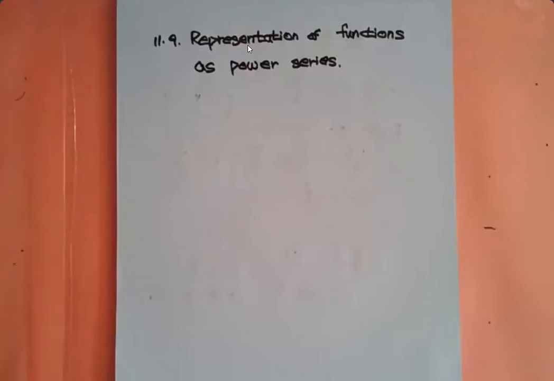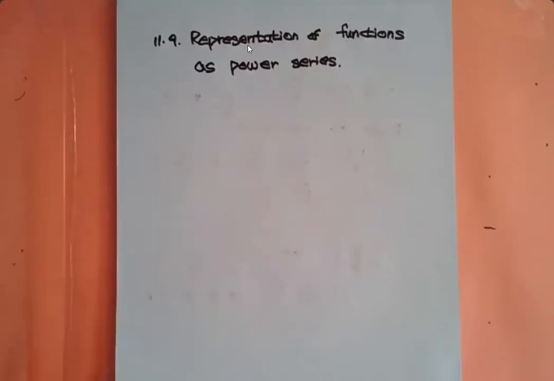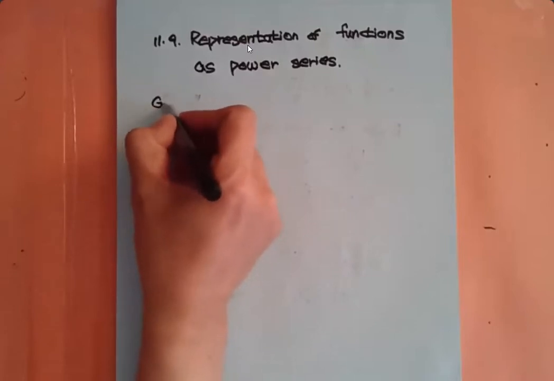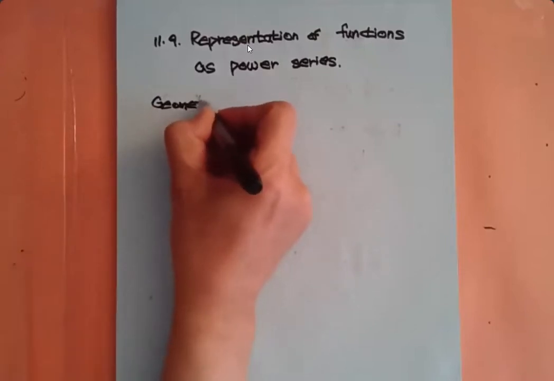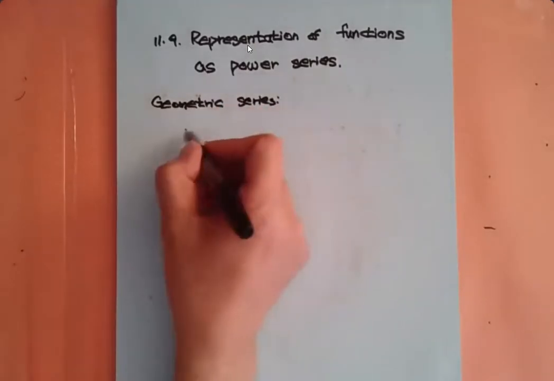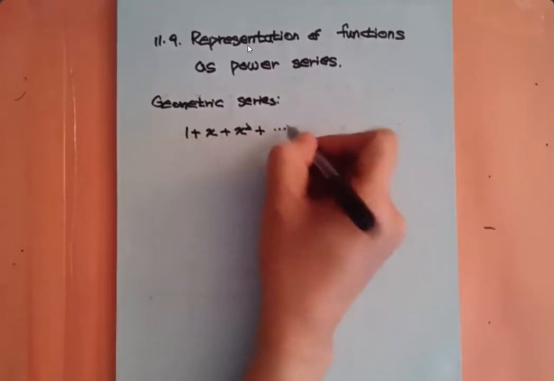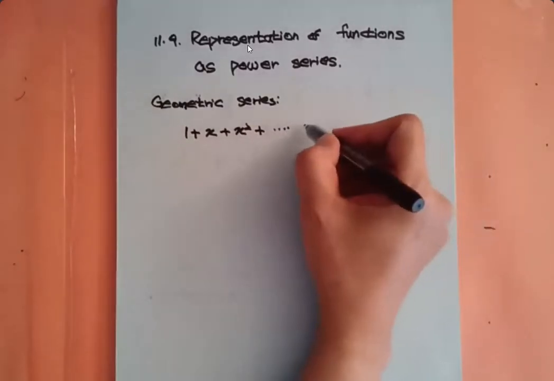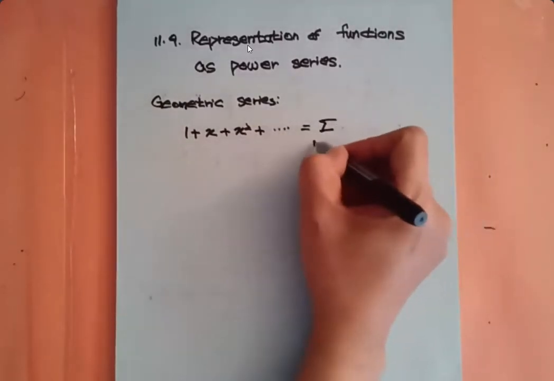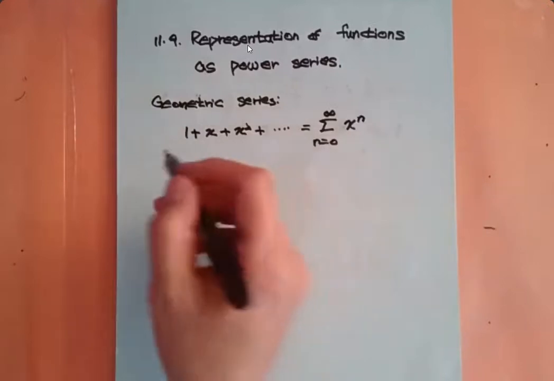This time, we have a function, and we want to express that as a power series. The geometric series is 1 plus x plus x squared and so on, where x is an unknown but fixed number. Then that can be written as summation n equals 0 to infinity of x to the n power.